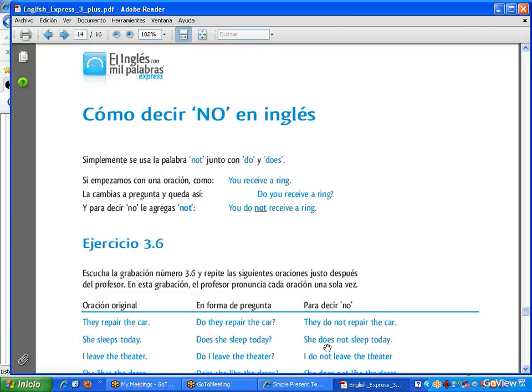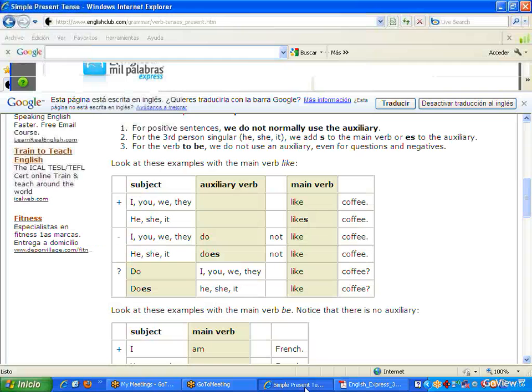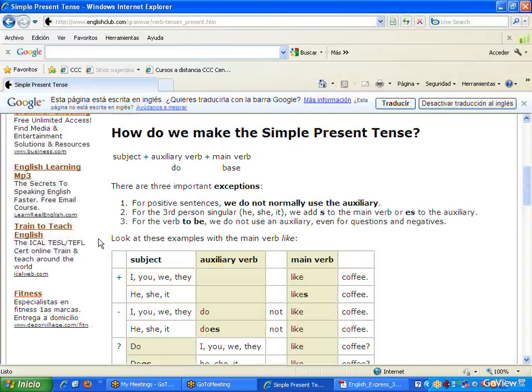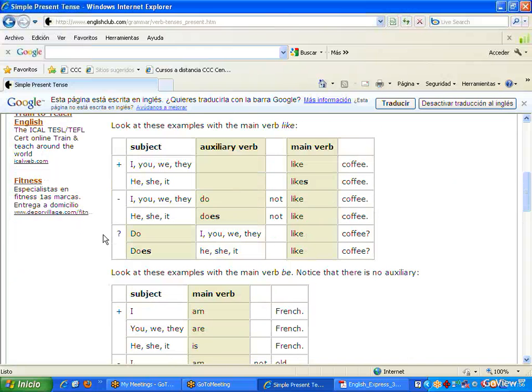When we make a question: do I like coffee? Or does he like coffee? And when we make a negative, when we say no, it's very, very similar. It's exactly the same as the simple present, but with not between the auxiliary verb and the main verb.